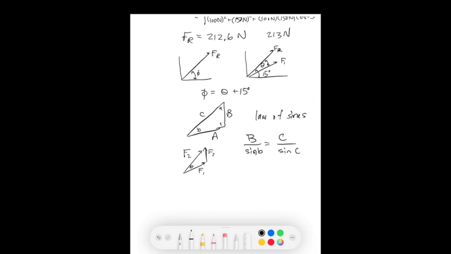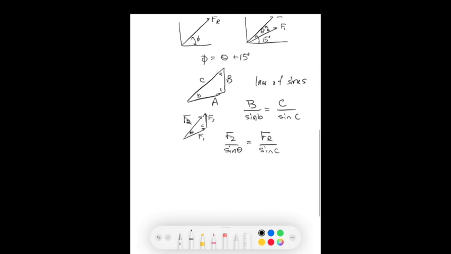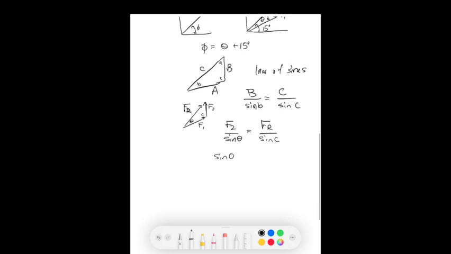This is theta, and this is C. Okay, so F2 over the sine of theta is equal to Fr over sine of C. So we see that sine theta, we solve for sine theta, that's what we're trying to figure out, is equal to sine C times F2 over Fr. We start putting our values in here.